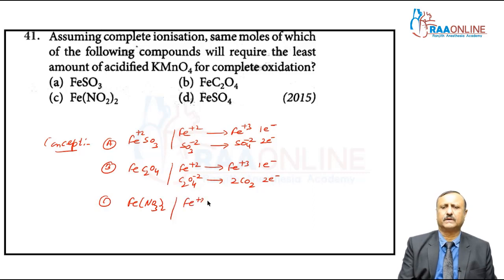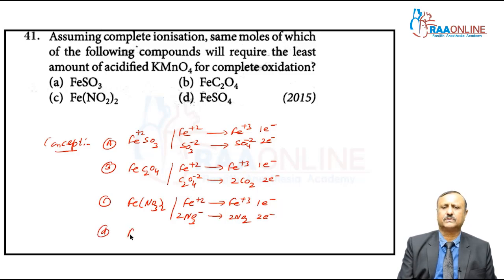Here iron Fe plus 2 is converted into Fe plus 3, so only one electron is removed, and the 2 NO3 minus is converted into NO2, which is not an oxidation requirement.